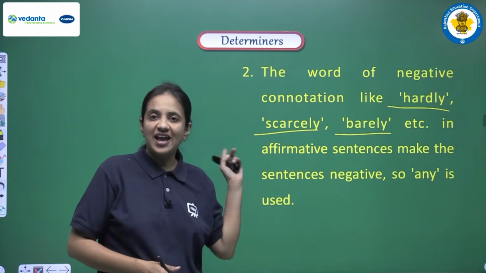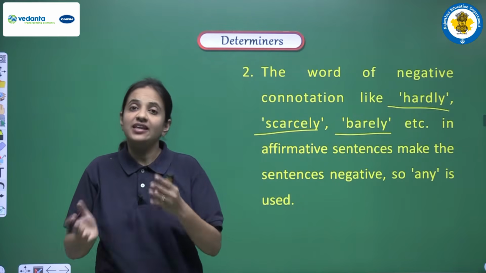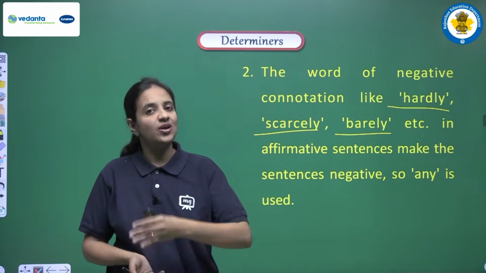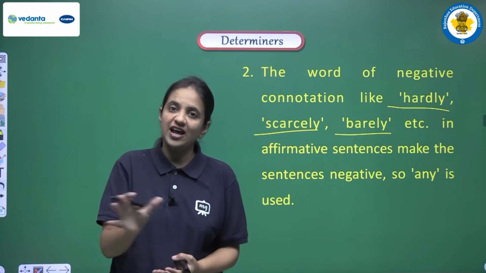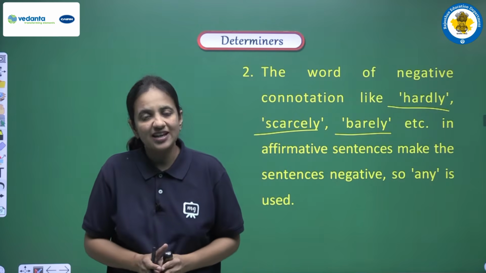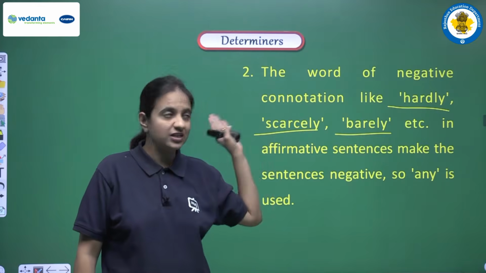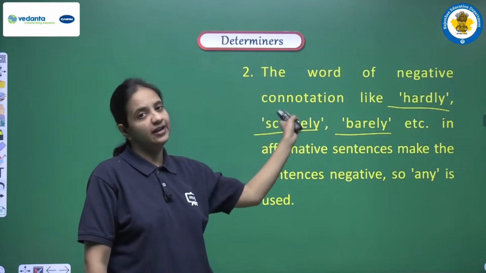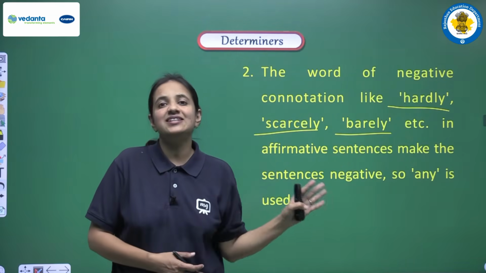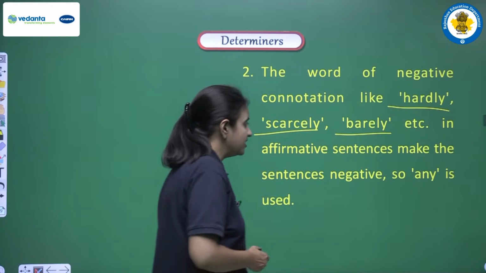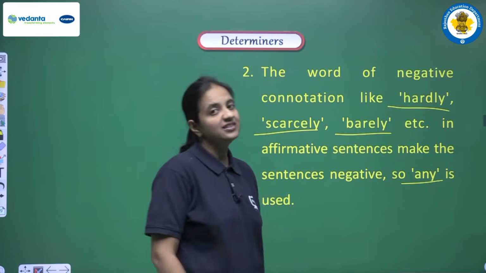So if we have any of these words in the sentence, then our sentence is also considered a negative one. So it's not that you only have to look for "not" in the sentence. Even if there is no "not" in the sentence, but we have any of these words, hardly, scarcely, barely, then that sentence will be considered a negative one, and in that case we have to use "any" in that sentence.